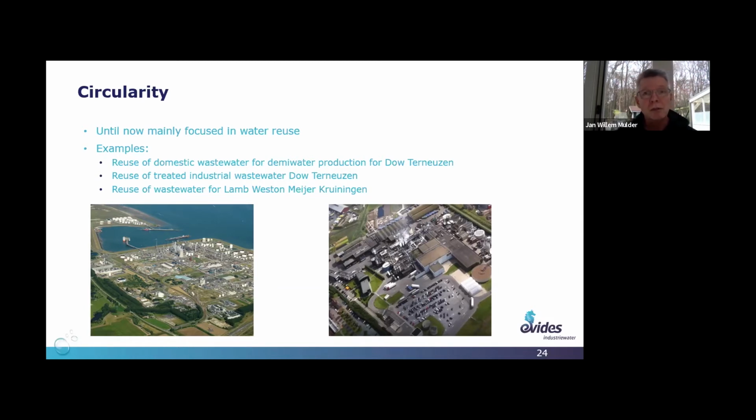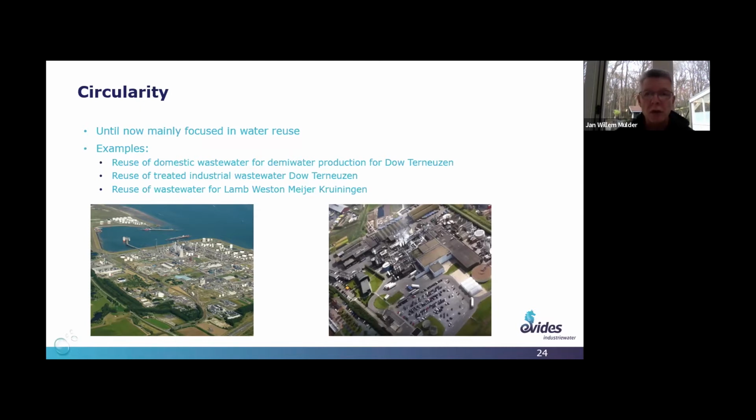Now we have a big pipeline for fresh water supply to that part of the Netherlands. Water is coming from big reservoirs in the Biesbosch area, but the water is used for both industrial water and for drinking water production. And Dow now has the ambition and the philosophy that we don't want to compete with those kind of water sources that can be used for drinking water production.